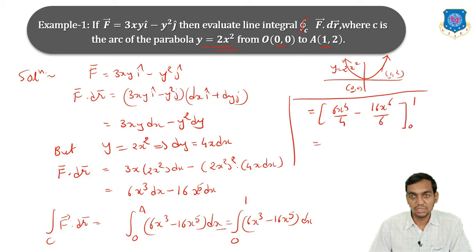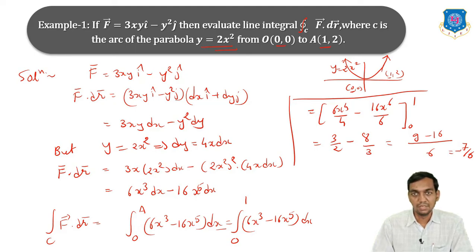So first put 1 and simplify, that will give 3 by 2 minus 8 by 3. Taking LCM 6, that is 9 minus 16, so it will be minus 7 by 6. And this is the answer.